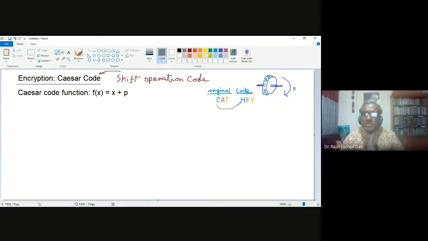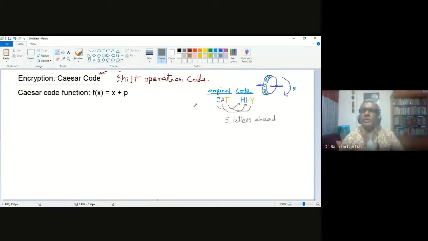So C is 5 times next, A is 5 times next, and T is 5 times next. Everyone is 5 letters ahead. So this is the technique, and for that reason it is called the shift operator code, also the Caesar code.